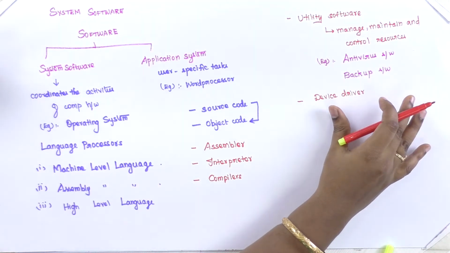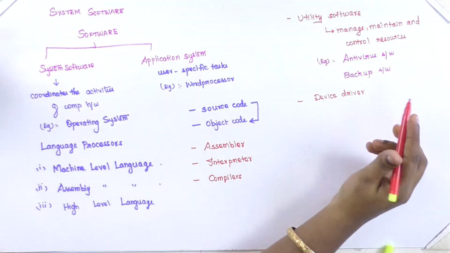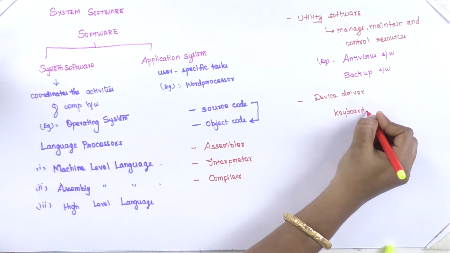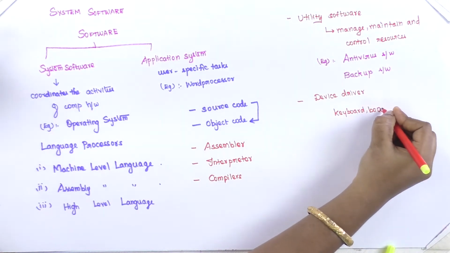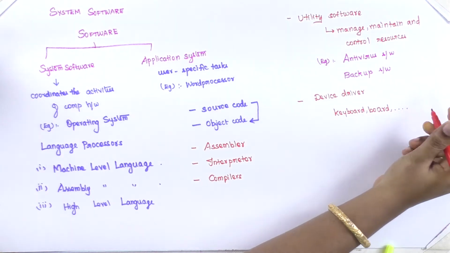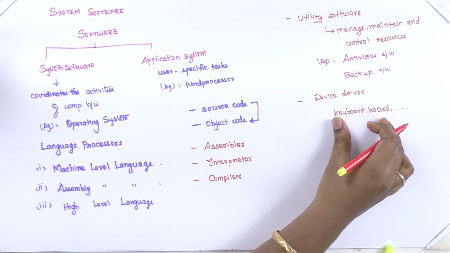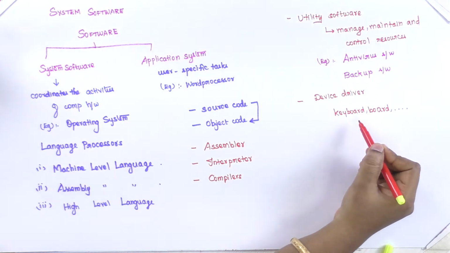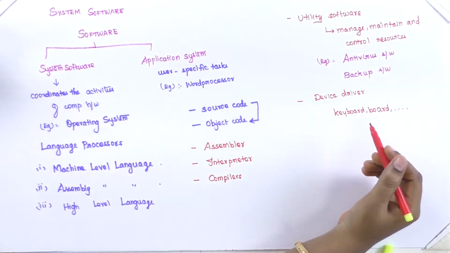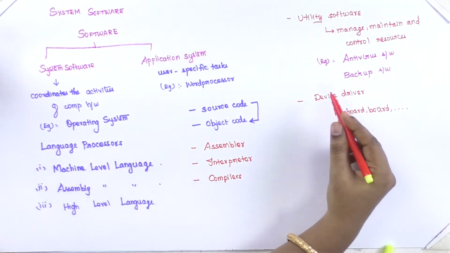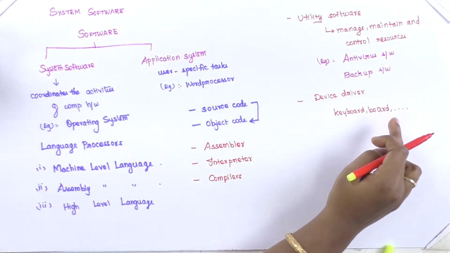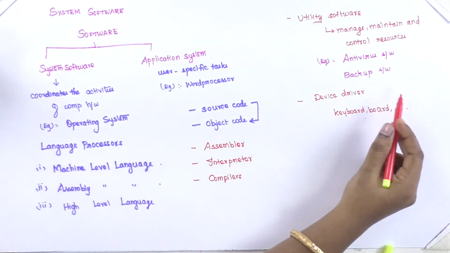All computers will have many external devices like keyboard, mouse, printer, projector. Each of these devices needs a driver in order to work properly. This device driver software also acts as a translator between the operating system and the hardware devices connected to it.